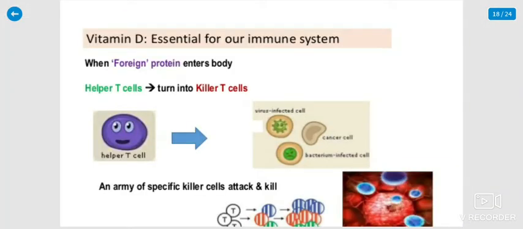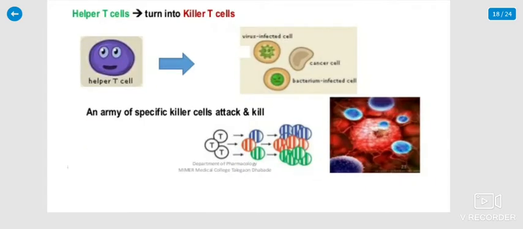Vitamin D is essential for our immune system also. When foreign protein material enters our body, helper T cells turn into killer T cells. So helper T cells help in killing the foreign material. An army of specific killer cells attack and kill them.